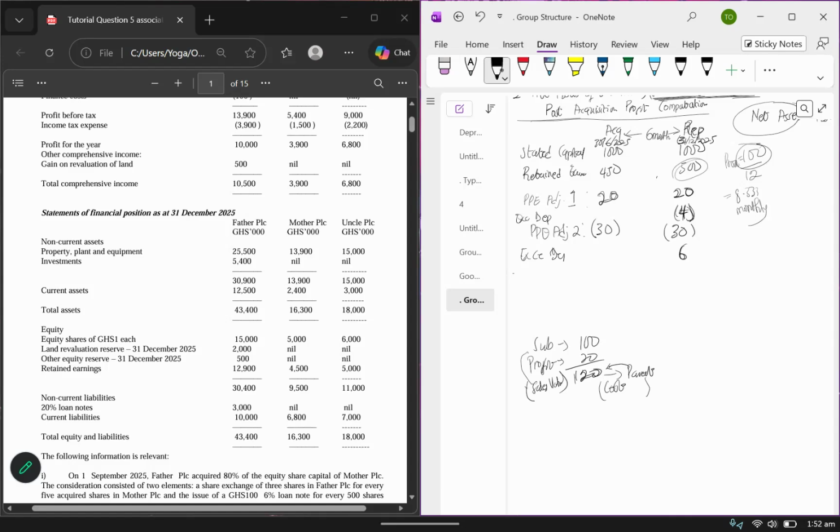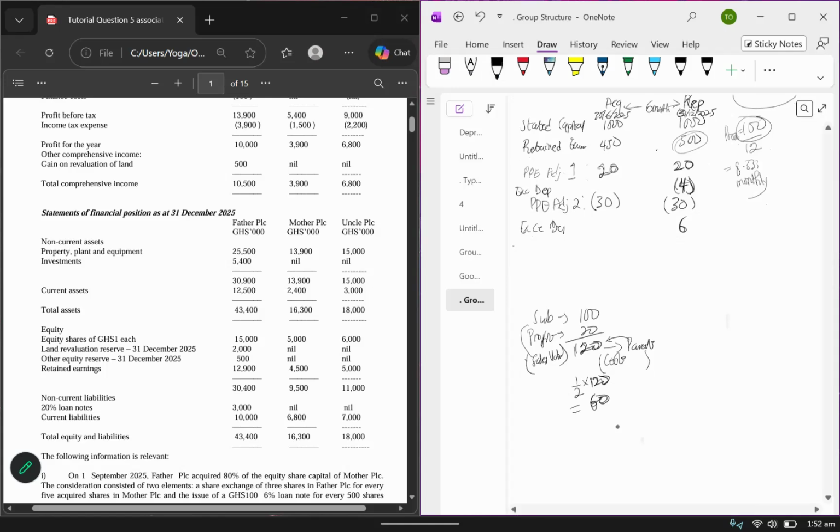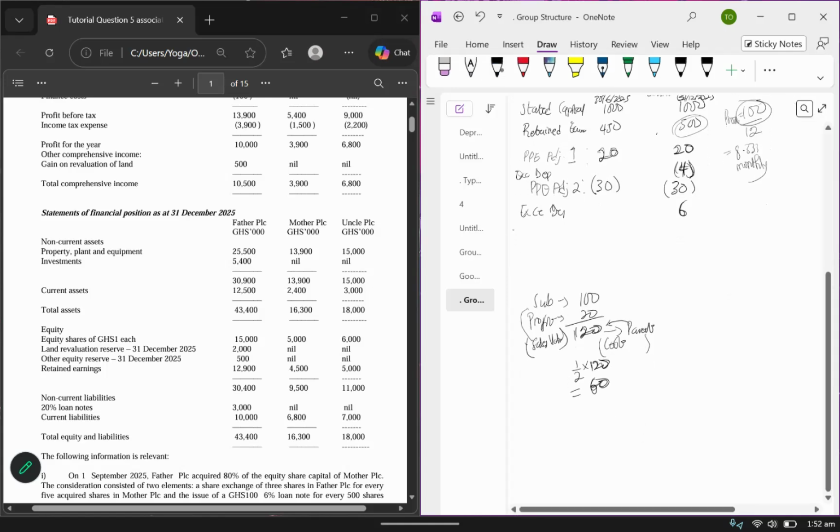But then if a portion still remains, let's say half of the 120 still remains unsold by the parent, there's 60 in here in our books. Okay, so with this 60, you will see that the subsidiary's profit is still in a portion of it.